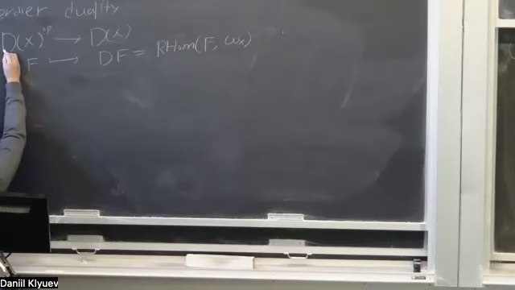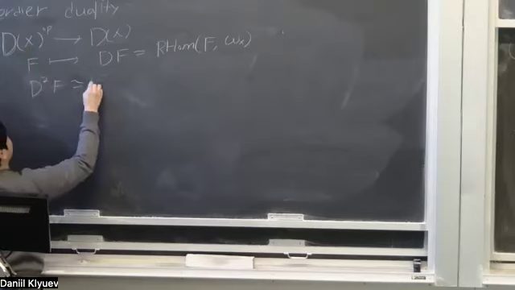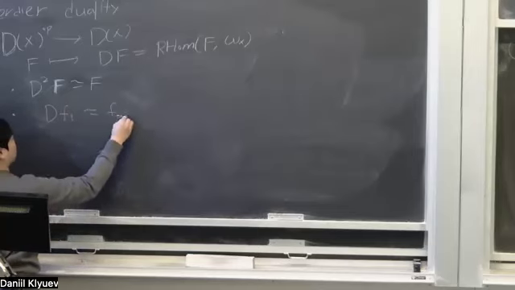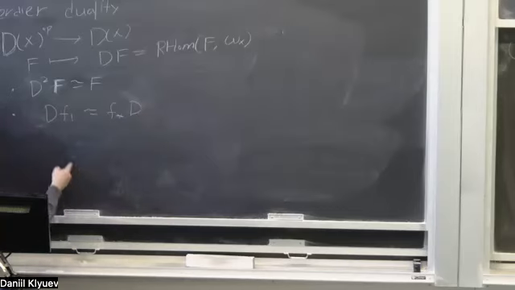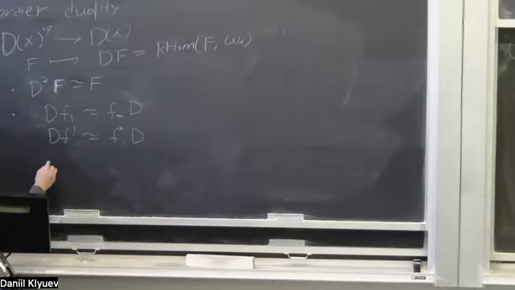Then, because we are working in constructible sheaves, we have D squared F isomorphic to F. We also have some interesting intertwining properties, like f lower shriek isomorphic to f lower star composed with D, and upper star isomorphic to upper shriek, and so on.